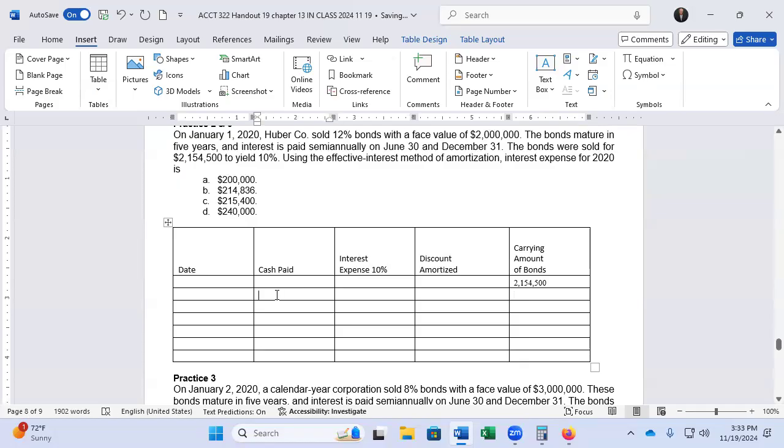And so we have to figure out the cash paid. So that's 2 million, and we're multiplying it by 0.12. And then we're going to divide that by 2 because we want the half-year interest period.